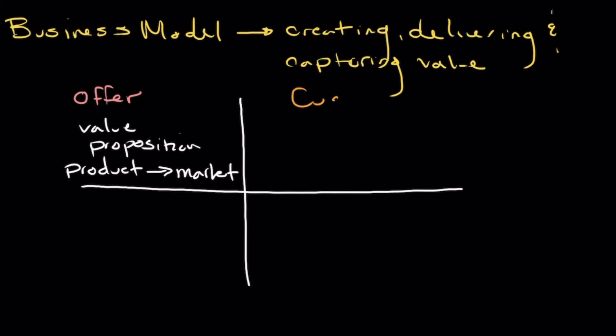Now, once we get through the offer piece, then the next piece is the customer. And the customer, of course, is the most important segment, simply because without the customer, there is no venture, there is no business. So the customer really is simply the target consumer for our product. So for the customer, it's really important that we have an accurate understanding of who this person is.